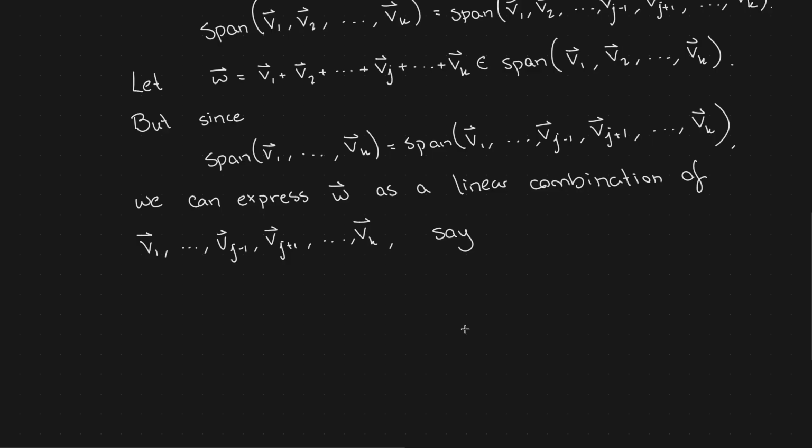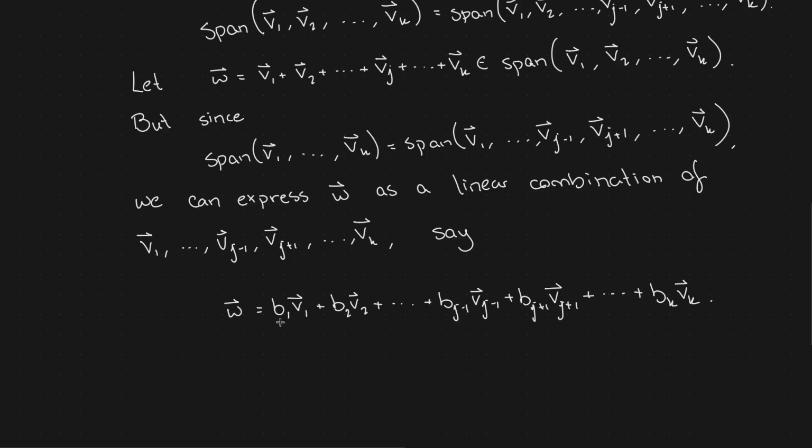Say we write W as B1 V1 plus B2 V2 plus dot dot dot plus Bj minus 1 Vj minus 1 plus Bj plus 1 Vj plus 1 plus dot dot dot plus Bk Vk.